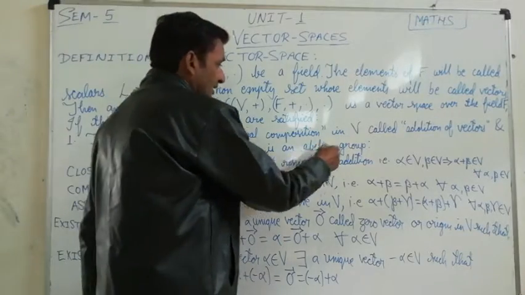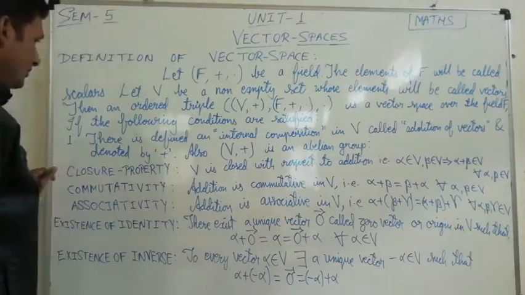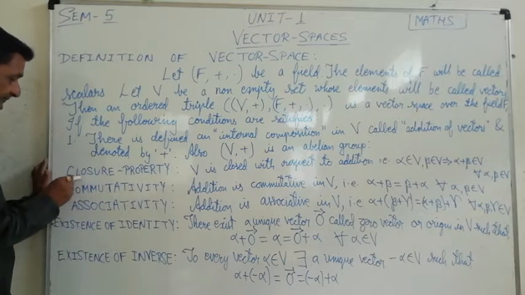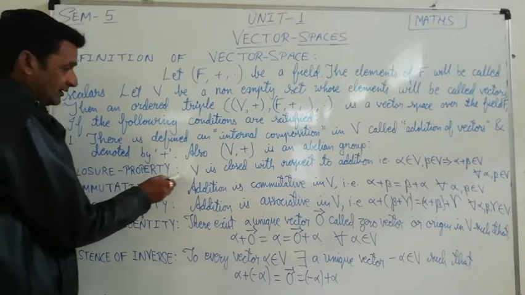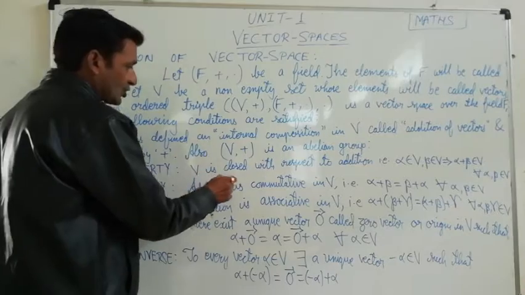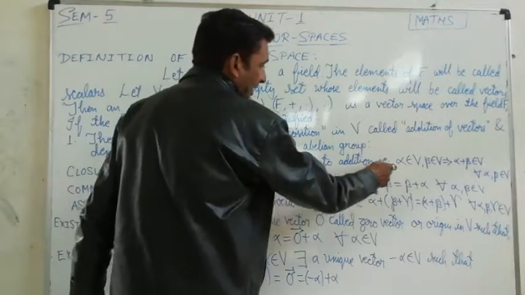This must be an abelian group such that closure property holds: V is closed with respect to addition.